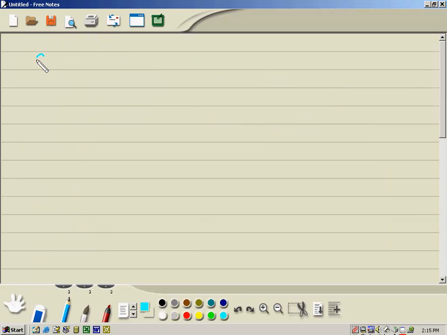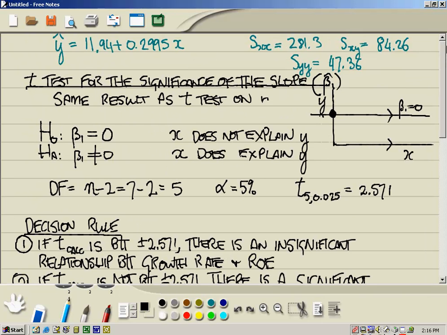Alright, so let's now do those calculations. So the error sum of squares, again, sum of squares of y minus beta hat 1 times sum of squares of xy. Alright, let's find those numbers.